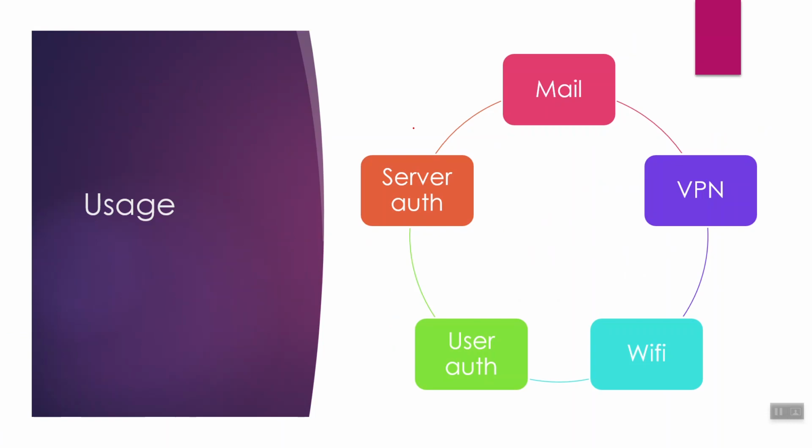Okay, now let's talk about what exactly we can do with a PKCS certificate. What exactly are we trying to achieve? This is something we should keep in mind while taking that decision, whether to go with a PKCS deployment or a SCEP deployment. So a PKCS certificate can be used for mail encryption, that is S/MIME. How this works is, let's say user A is sending an email to user B, and that email is going to be encrypted with the certificate.